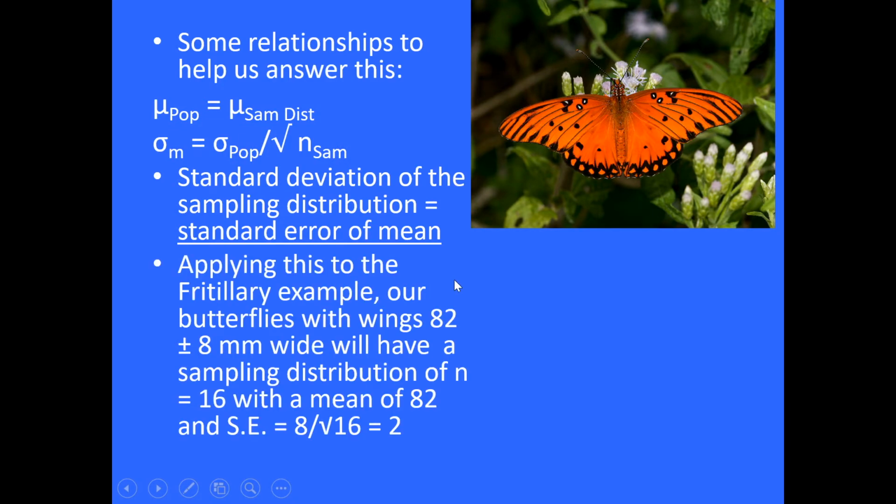Now let's go back to our fritillary example. Applying this, remember we had 82 plus or minus 8 millimeters in the population. So if we take samples of size n, then the mean of that distribution is going to be 82, but the standard error is going to decrease down to 2. So it would be 8 divided by the square root of 16.